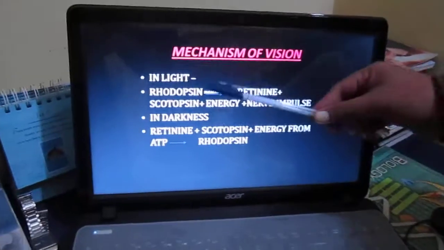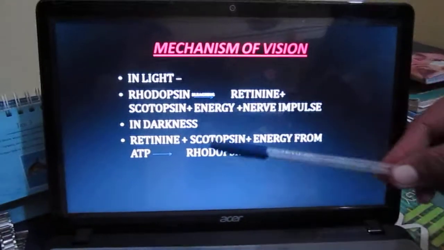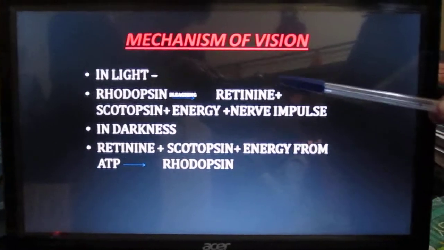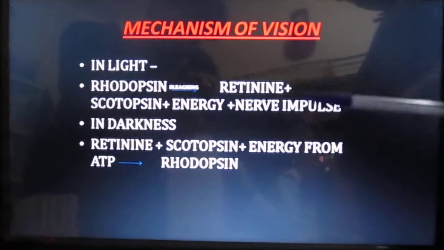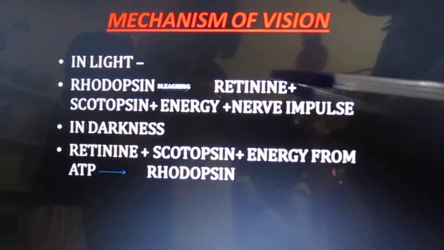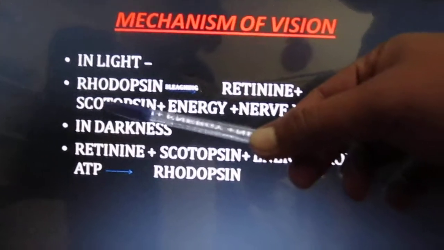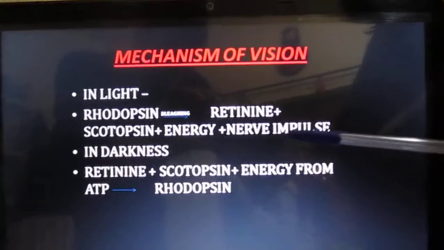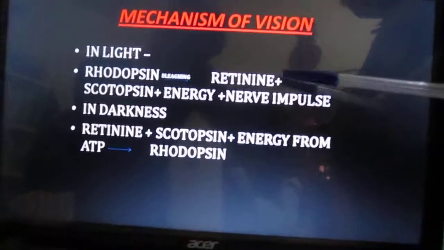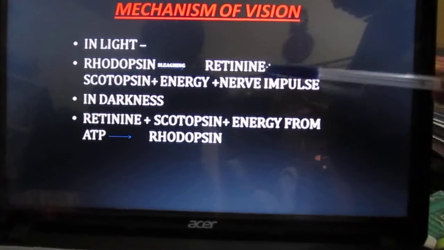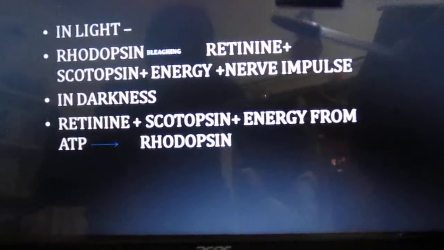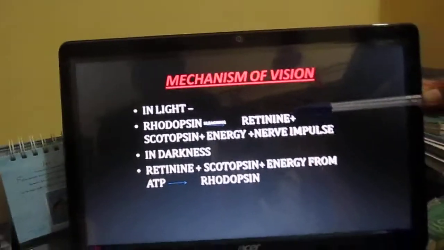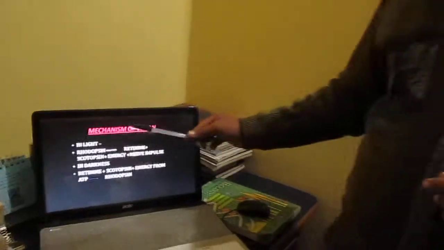This complete decomposition process is called bleaching. Rhodopsin is broken down into retinene, that is an alcohol derivative of vitamin A, scotopsin, that is a type of protein, energy and nerve impulse. These nerve impulses move to the optical center of our brain to process the photoreception.